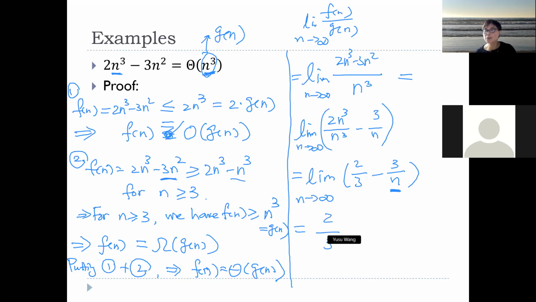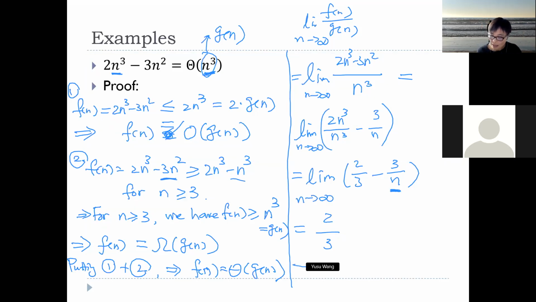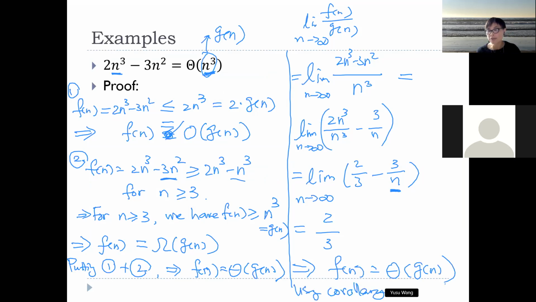In other words, the limit of f of n over g of n goes to a constant, which means that the two functions are of the same order. So using this corollary from the previous slide, f of n is in big theta of g of n. Both ways are valid ways to prove formally that these two functions have the big theta relation.